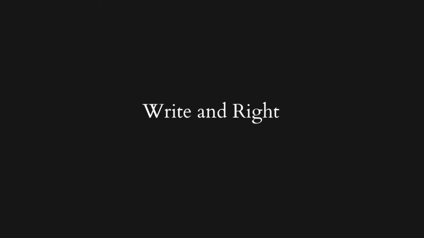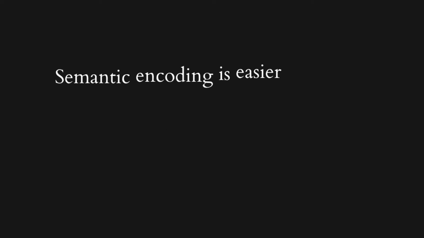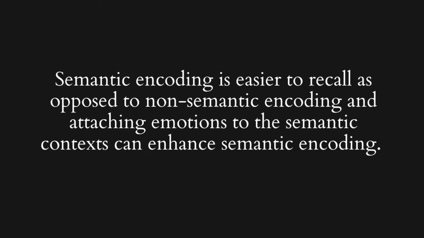And when said in the context of a conversation pertaining to a decision, you know it means the evaluation of right or wrong. This is referred to as semantic encoding. Usually, it is easier to recall semantic encoding as opposed to non semantic encoding, especially if you attach contexts of emotional aspects to it.